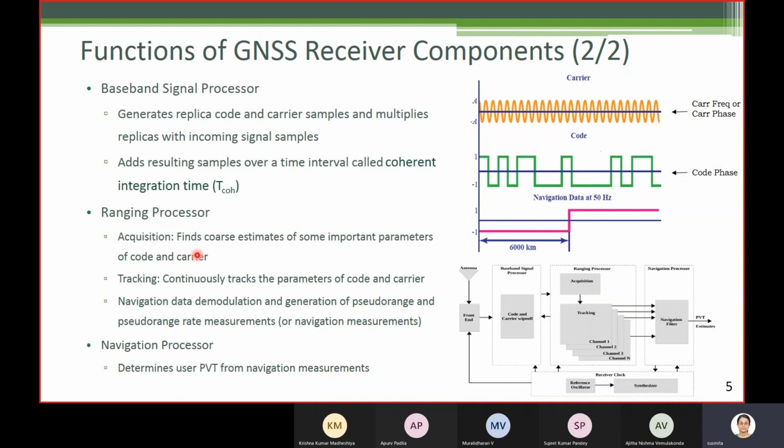The acquisition block under ranging processor gives a coarse estimate of the carrier frequency and the code phase. This is just a one-time process. Okay.